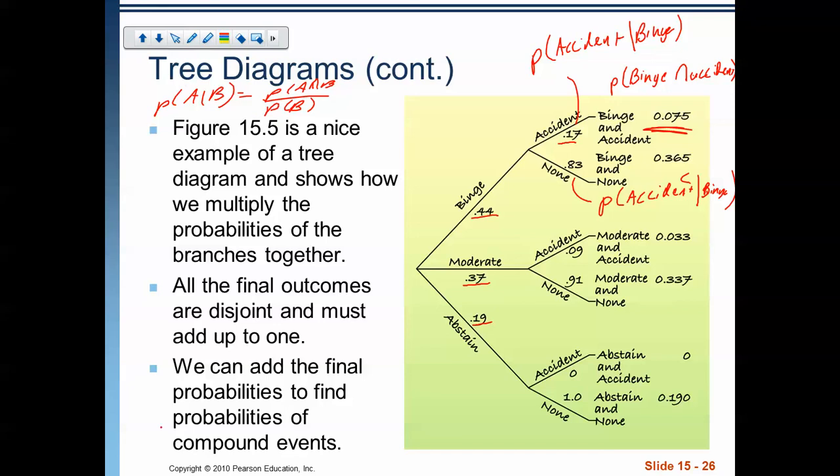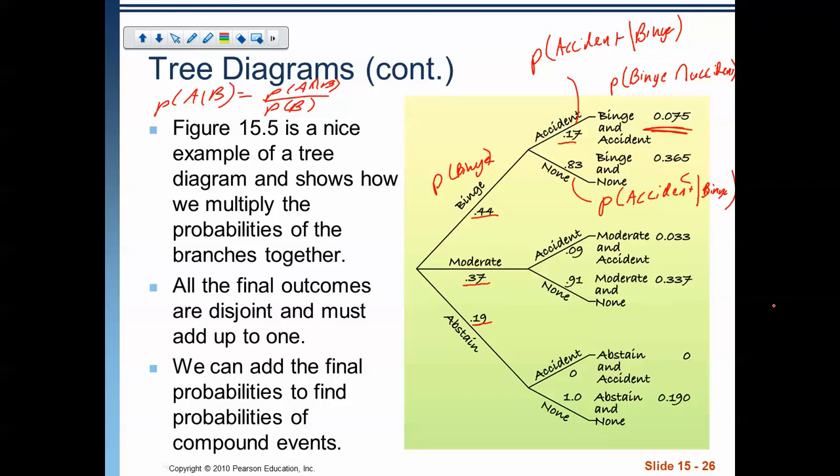Okay, let's make sure I did that right. If we were to solve for P of A and B, we would multiply both sides by P of B. So that's P of B times P of A given B. Well, that's what this is. This 0.44 is P of binge drinker. P of binge drinker times P of accident given binge drinker is the probability of P of binge drinker and accident.